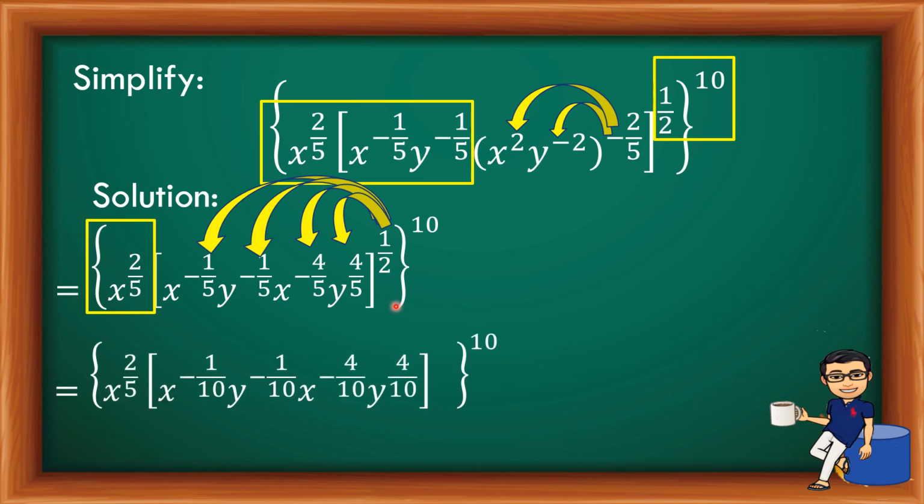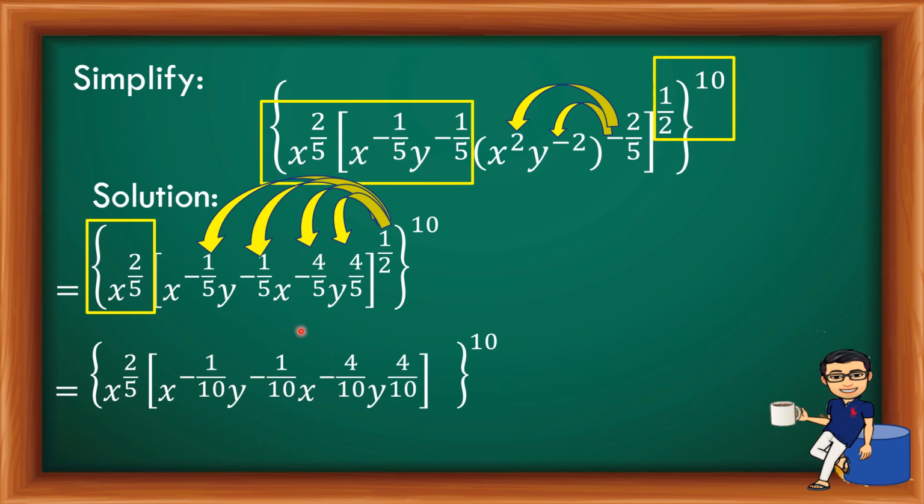Then this will be the result. Copy x raised to 2/5, then 1/2 times negative 1/5, that is negative 1/10. So x raised to negative 1/10. 1/5 times 1/2, that's the same, 1/10. So that's y raised to 1/10.